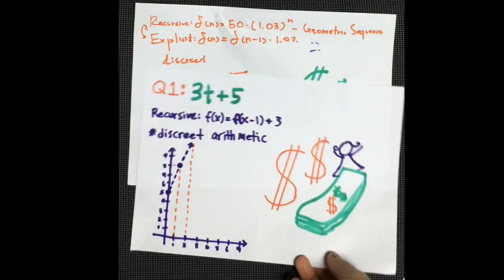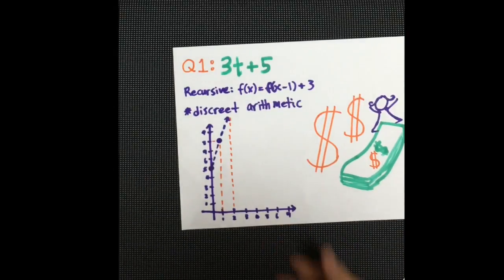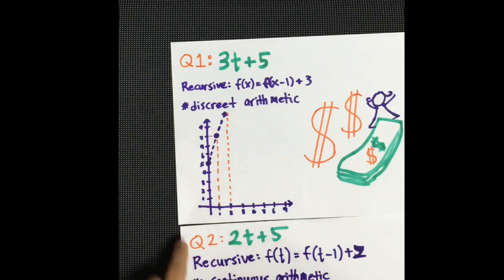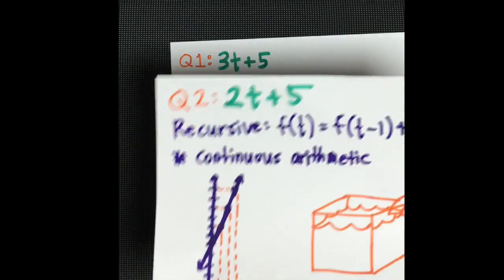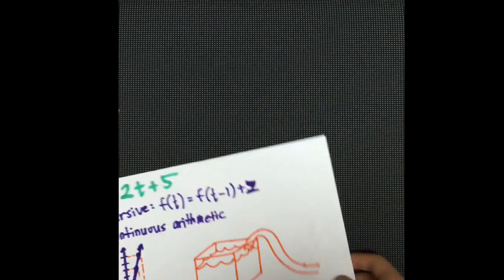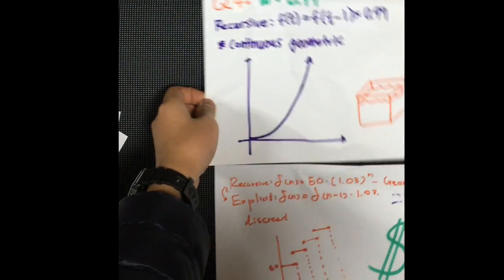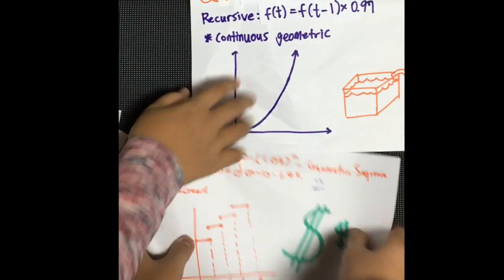Now if we compare questions number 1 and number 2, we can see that these are both arithmetic sequences, because they both go up in a steady line. And finally, if we compare problems 3 and 4, we can see that both of them are geometric sequences. Oh, this one's discrete.